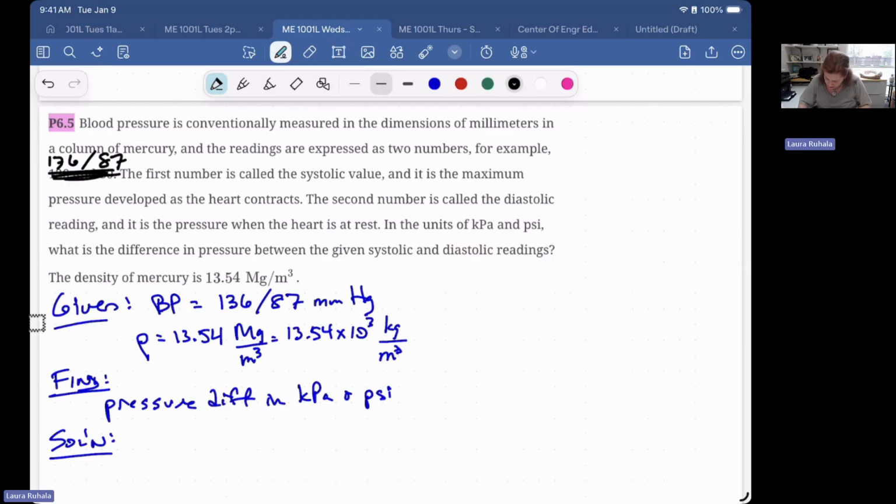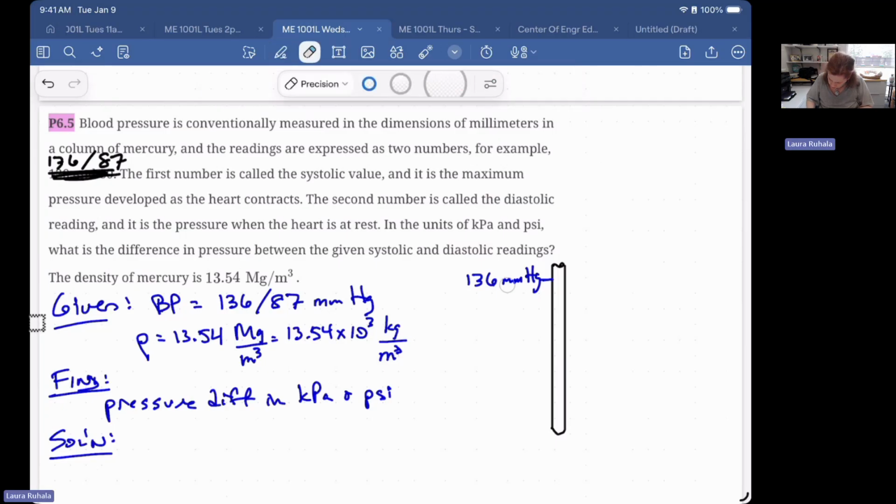Okay, but let's draw that. So I have like a column of mercury. Very small here. Okay, so the highest it's going to get is up here at 136 millimeters, or I don't need to say mercury, there's mercury in it.